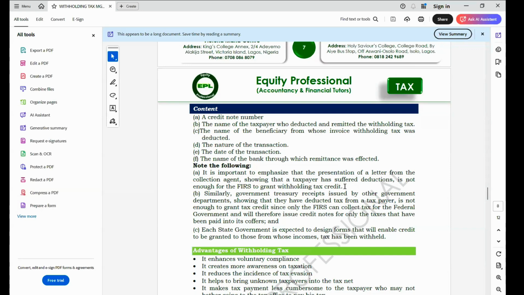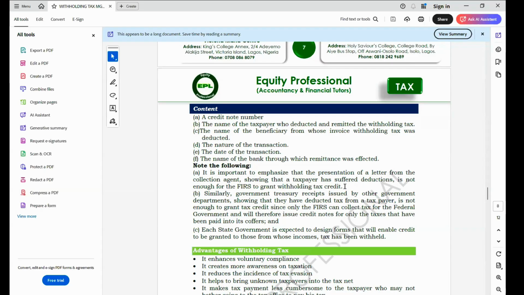So those are the elements that you need to know as far as the withholding tax credit note is concerned.